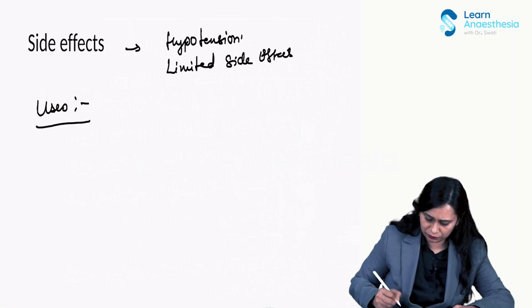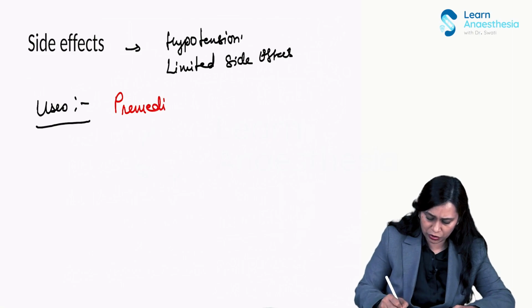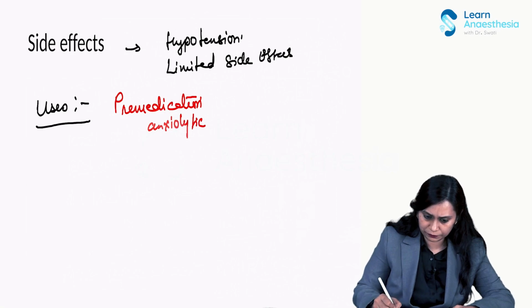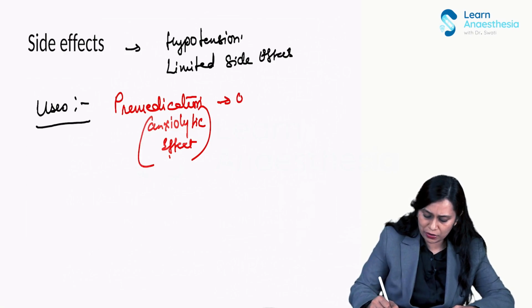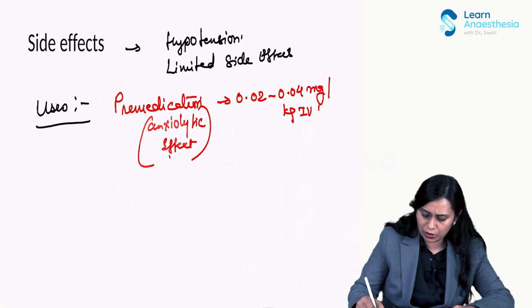So pre-medication, anxiolytic effect. The dose is 0.02 to 0.04 milligram per kg IV or IM.